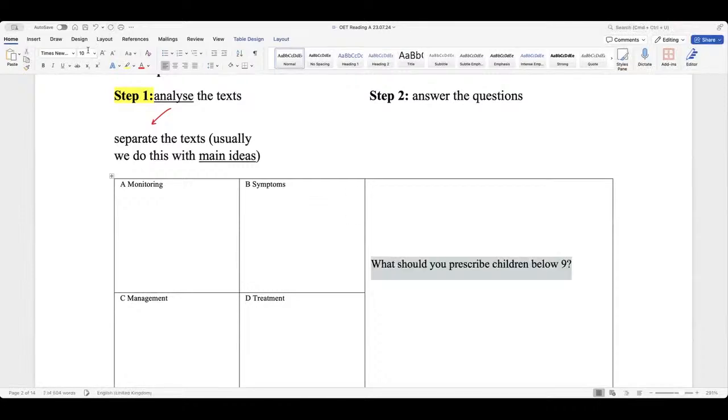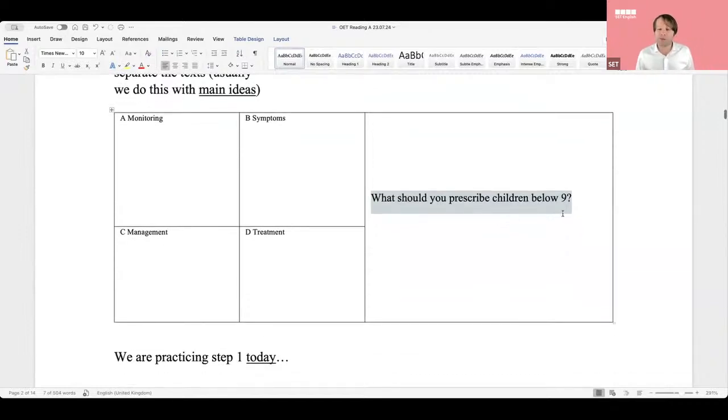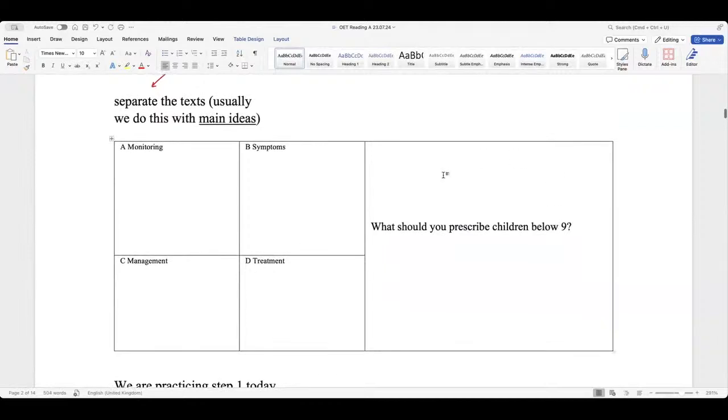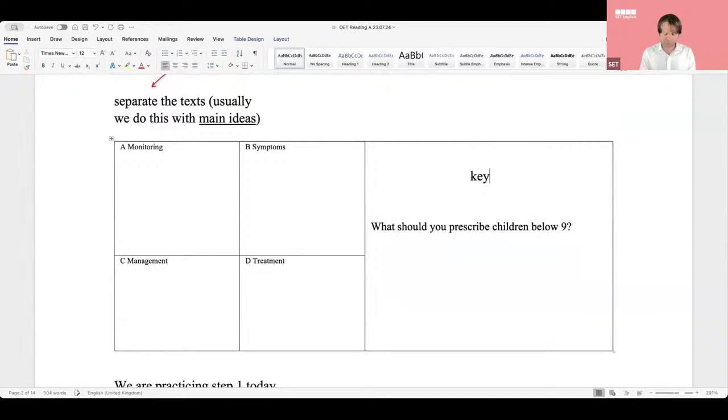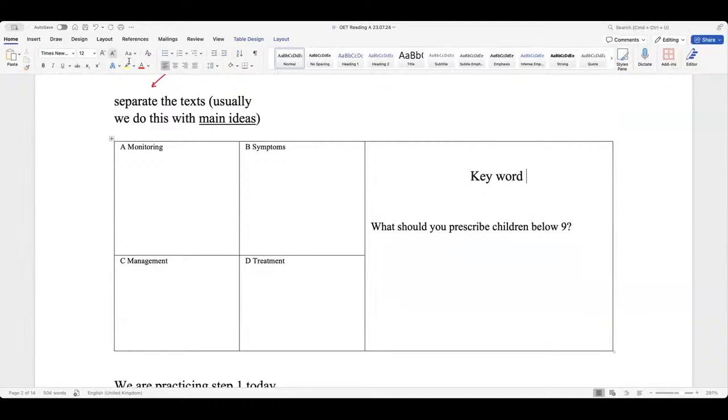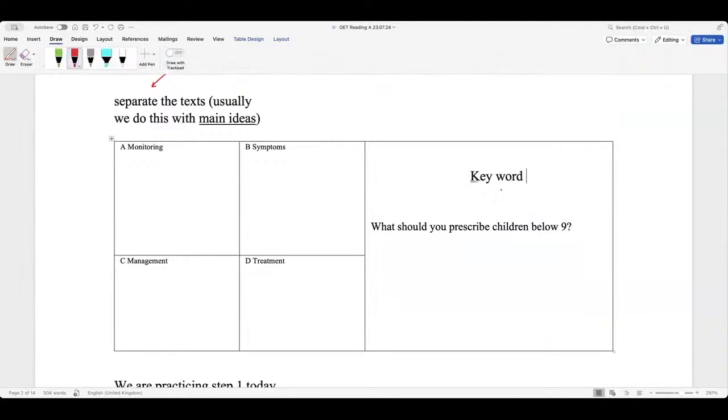Naz, you said keywords, I agree. So what is my keyword here? Here it is below 9. Probably treatment, prescribed, limited people, but I'm looking for below 9.